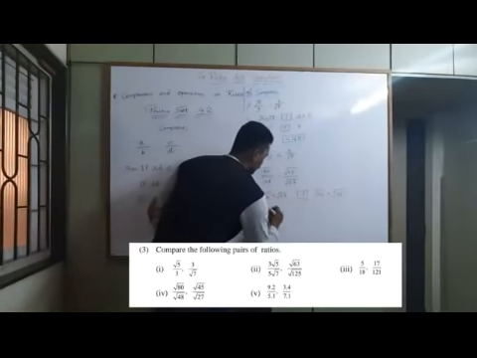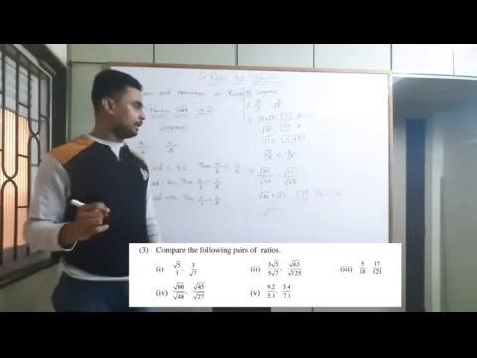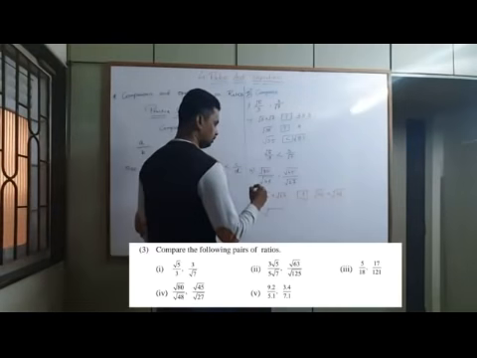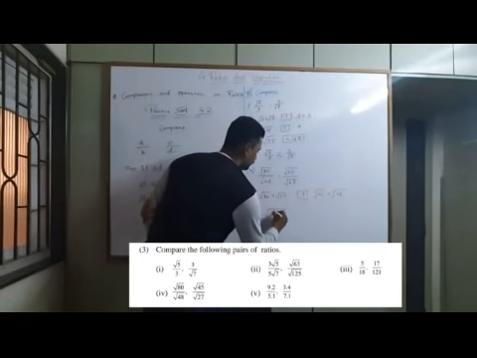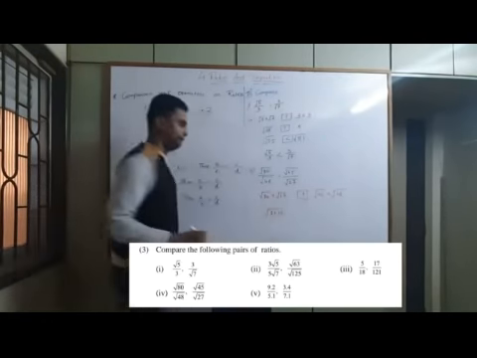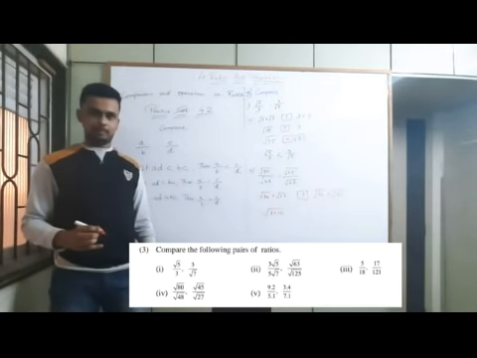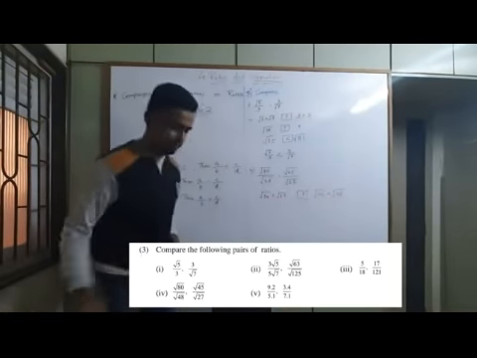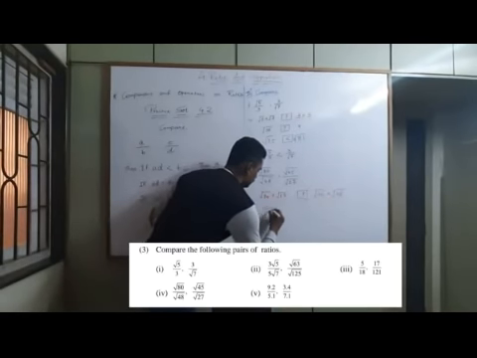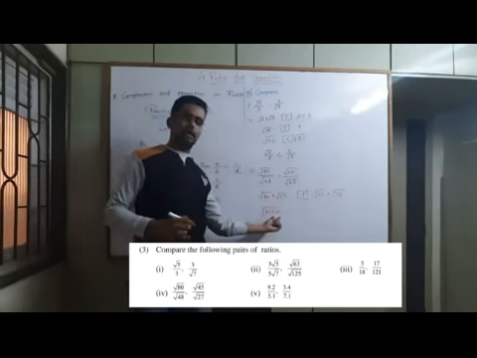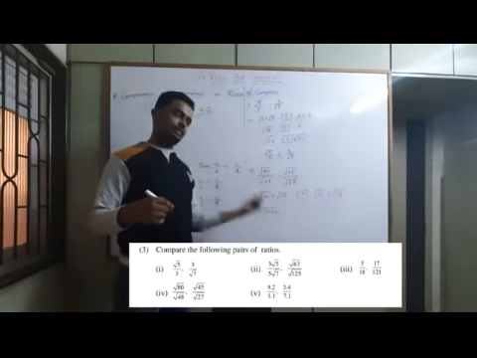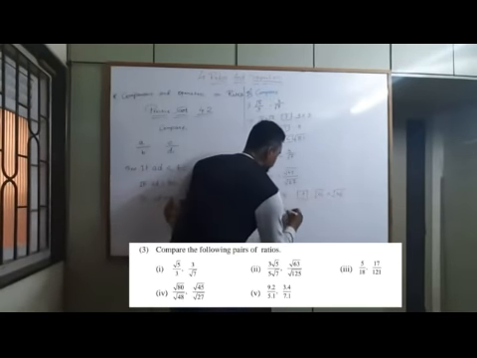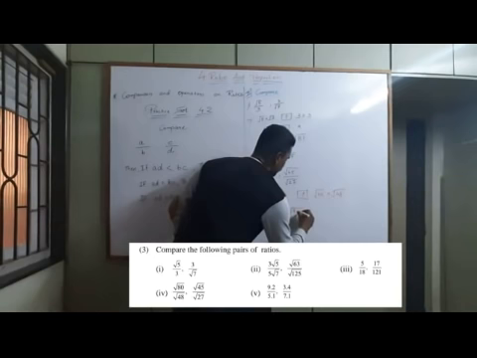As you know, 80 can be written as 8 into 10, right? Or else we can also write it as under root 8 into 5 into 2. 5 2s are 10, which I wrote previously, and this 8, and similarly 27 can be written as 9 into 3.